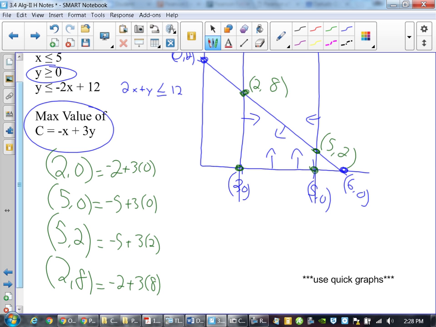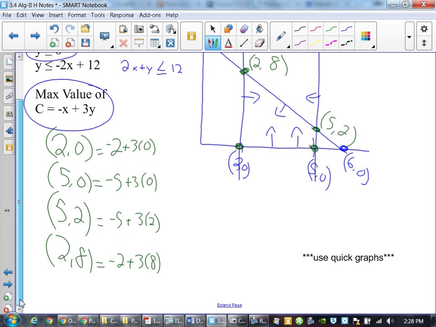Our 4 separate values then become negative 2, negative 5, 1, and 22. Which one of those gives you a maximum? 22. At 2, 8, you get a maximum.